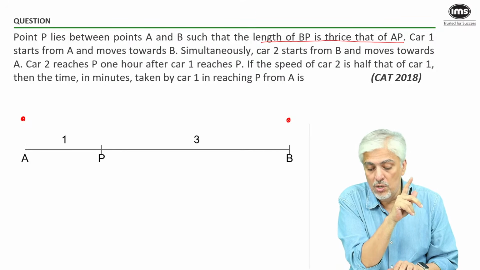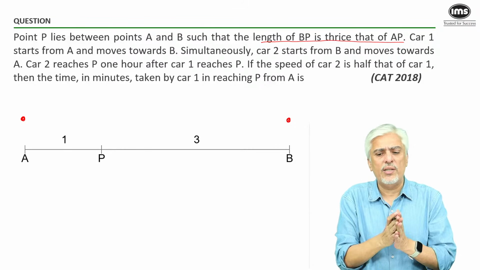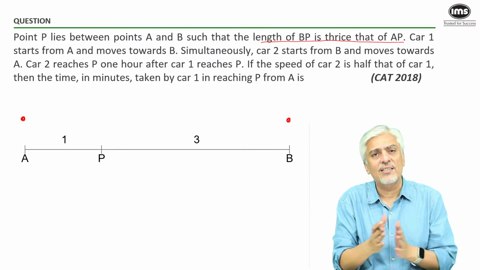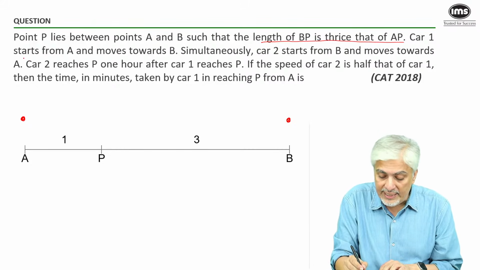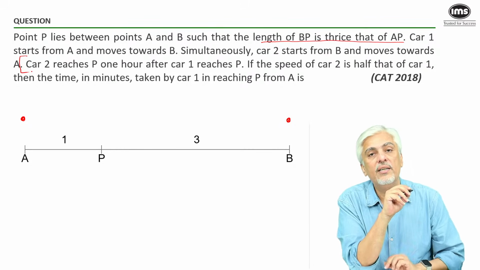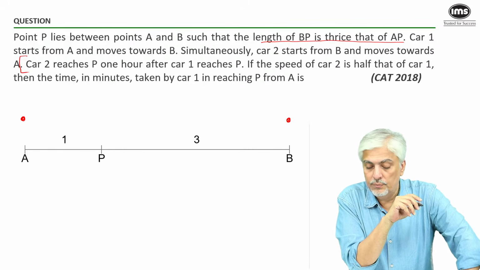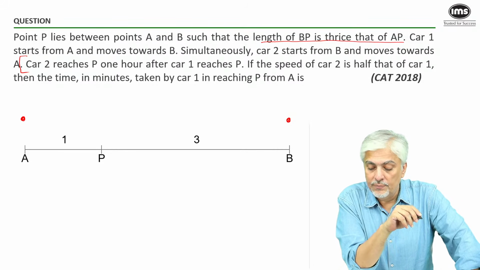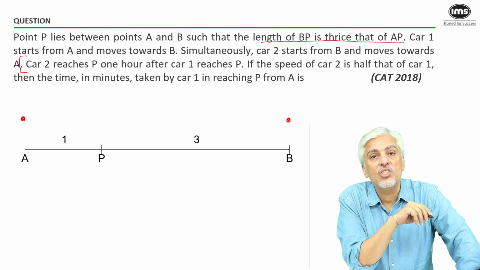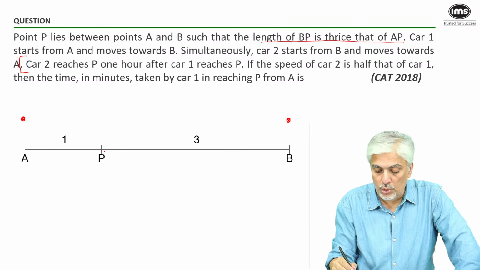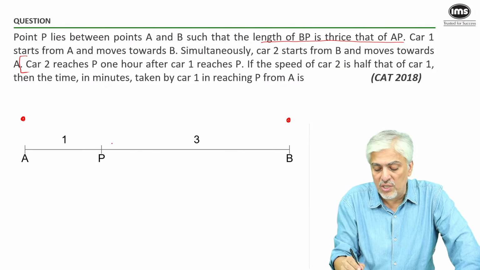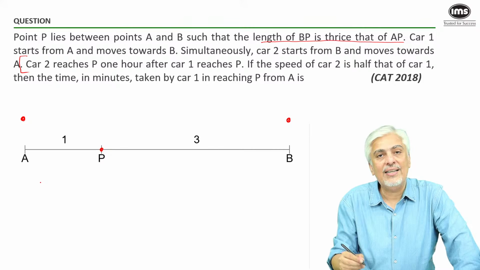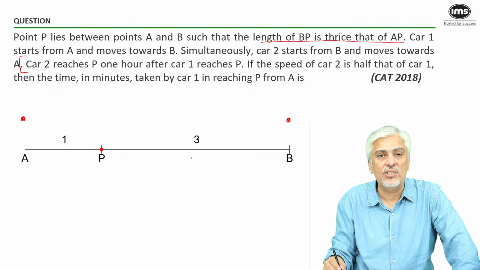Okay. Now that is okay. They just told that car 1 is going to go from A to B and the other car is going from B to A. Read this part very, very carefully. Car 2 reaches P 1 hour after car 1 reaches P. So the first car will reach P. At that time, the second car is still behind, not reached P yet.